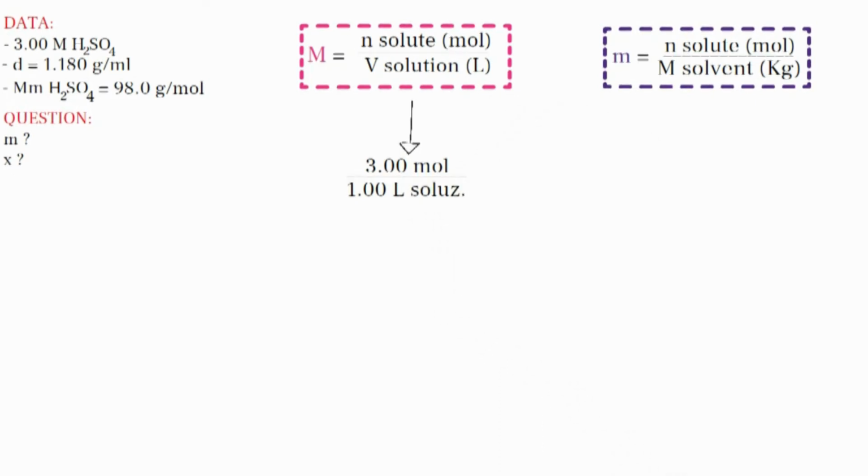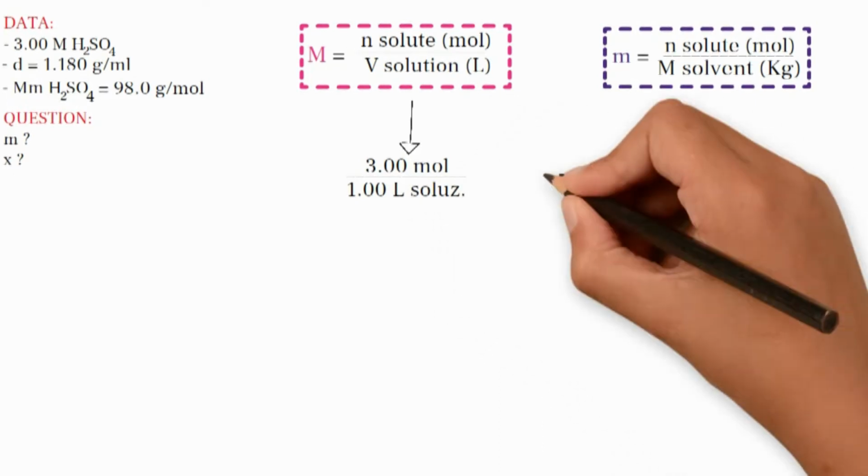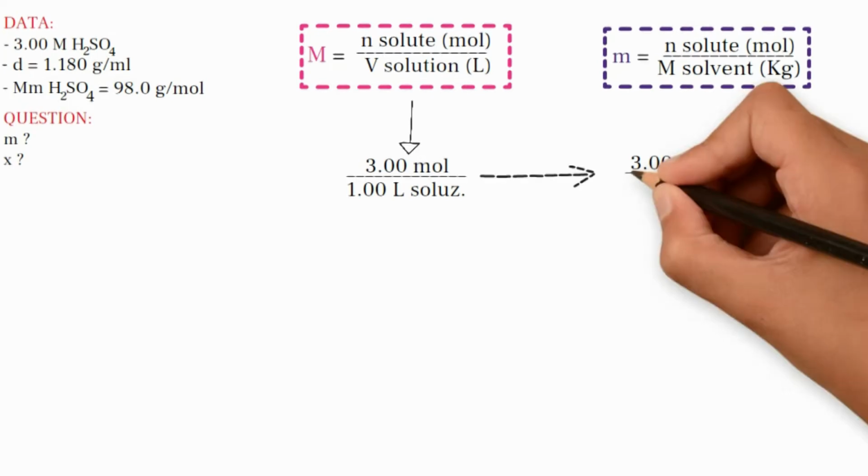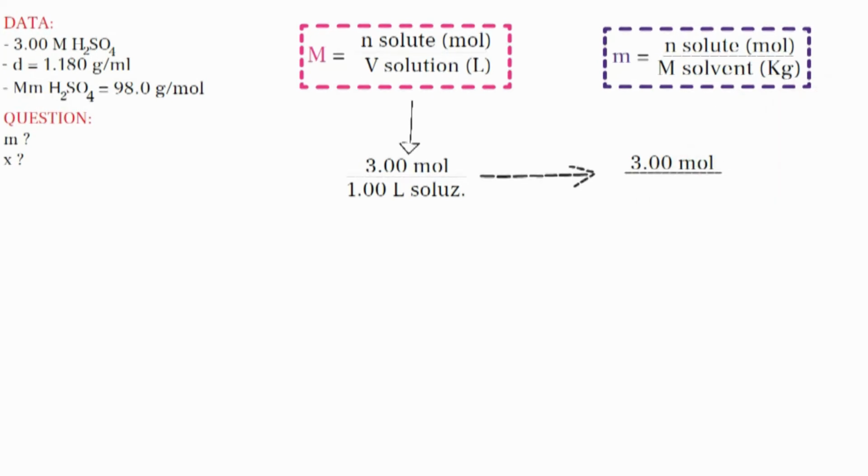So we already have the moles of solute, so we can write it. It's 3 moles. What we need is the mass of solvent. We have the mass of solution, but we do not have the mass of solvent. So how do we calculate the mass of solvent?